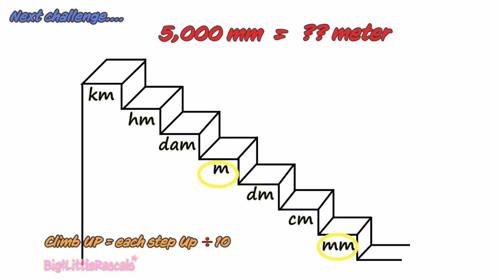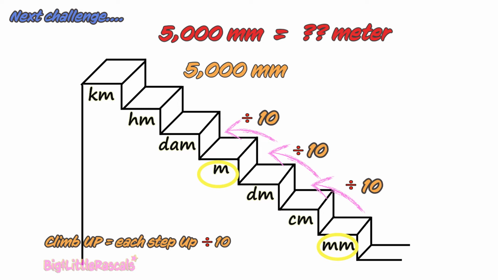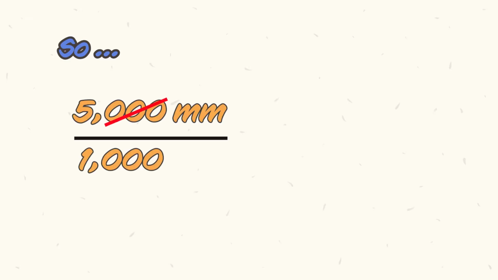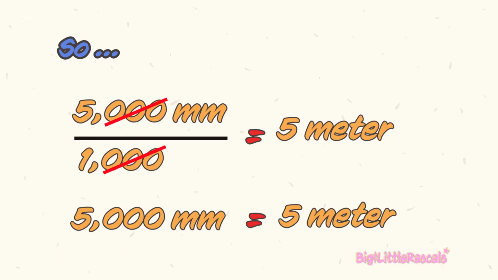As you are climbing up, each step you jump up, you need to divide by 10. 1, 2, and 3 jumps. So, 5,000 millimeters divided by 10, by 10, and by 10 gives you 5 meters. 5,000 millimeters equals 5 meters.